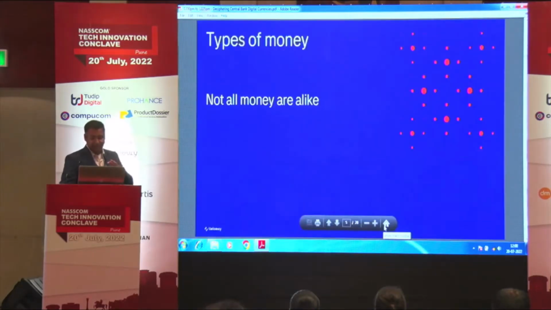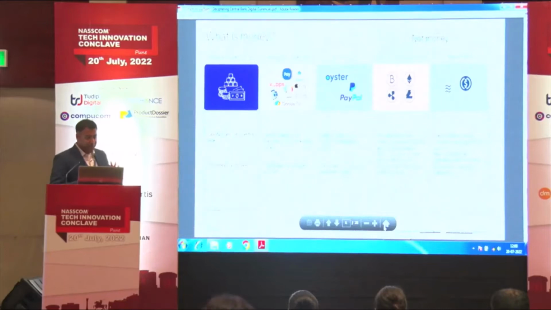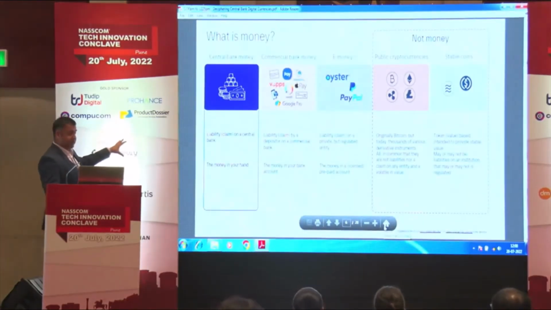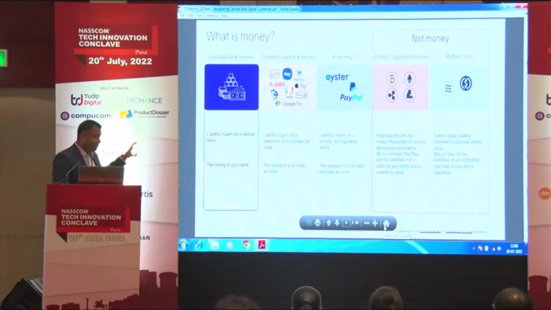If I also go into types of money, not all money is the same. They're very different, and there's a small picture showing how different they are. Central bank money is the most stable; the liability is on the central bank, which is backed by the government, so something we can all trust.